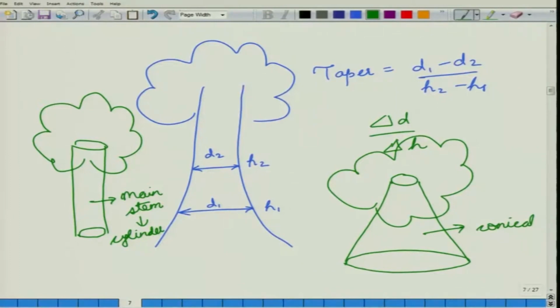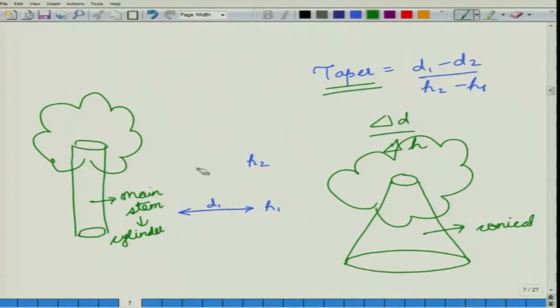Now, if you used another convention and represented this quantity taper in a negative form, you could also write it as T equal to d1 minus d2 upon h1 minus h2, in which case a negative taper would show its diameter is decreasing with height, and a positive taper would show that its diameter is increasing with height, which is not seen in natural conditions.